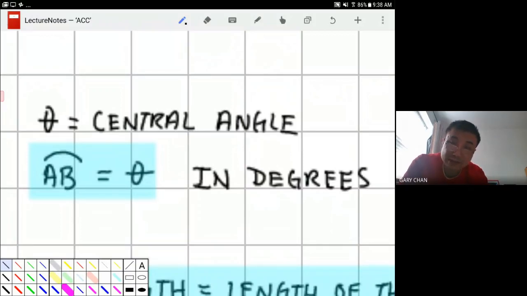Anytime that we're measuring an angle measure, either for the central angle or the arc measure itself, that is in degrees. I'm not saying that is the only way of measuring central angle and arc measure, okay? But for now, we understand that central angle and arc measures are measured in degrees.